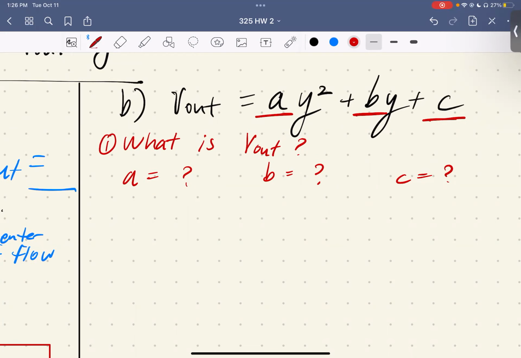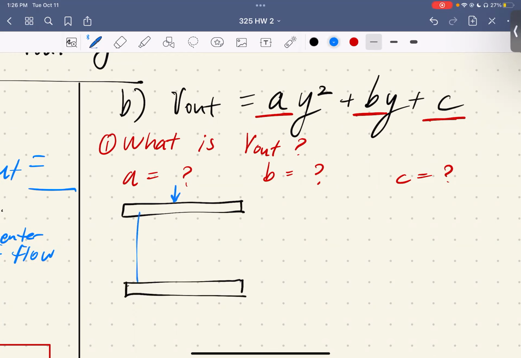We need to figure out, so let me draw this drawing again right up here. We have our 2 plates, and then we have some fluid, it's pushing down, right? But our velocity profile is going to be parabolic, right? So that's a hint right there. With our no slip conditions, we know this is height of B, we know this is height of 0.